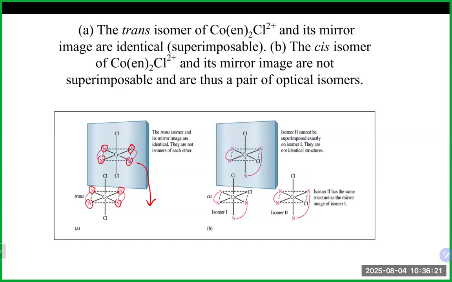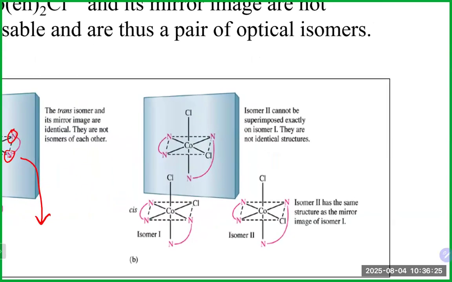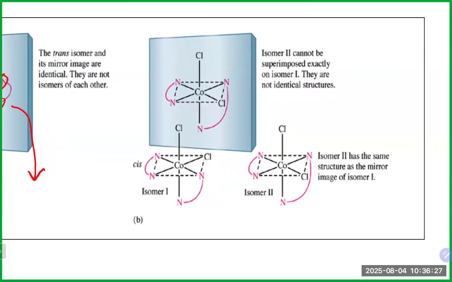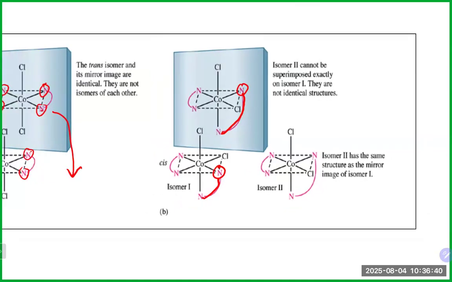But if we take the cis isomer and do that, as we saw in the previous one, when this guy gets reflected back here, he's going to take that bond to the back, and that bond is going to create a mirror image that is not going to allow it to superimpose.